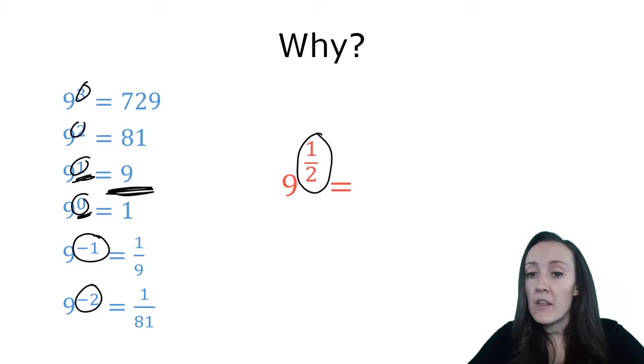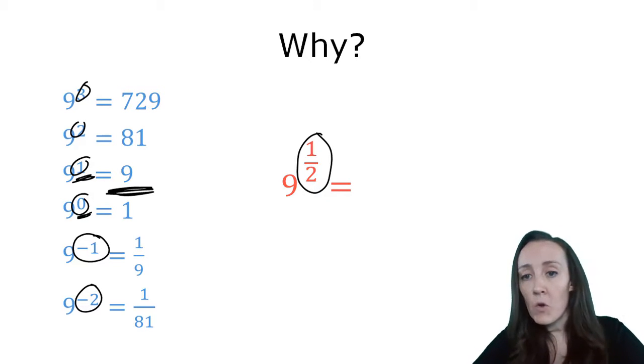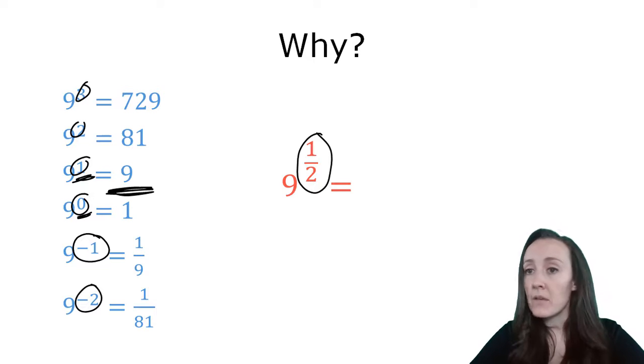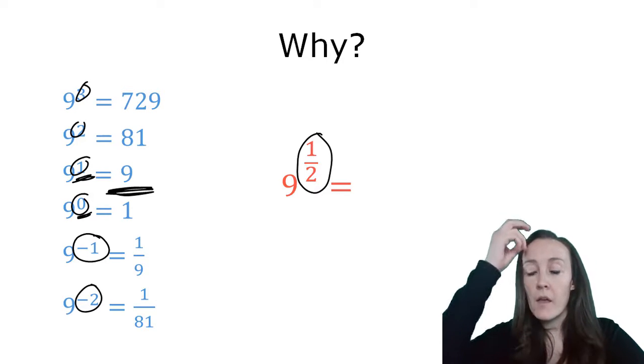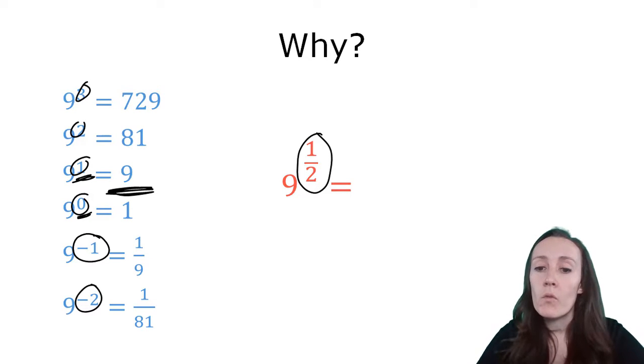Your first inclination might be that it's 4.5, because that's halfway between 1 and 9, which is a good thought, but it's not accurate, because 4.5 would be 9 times 1/2. But this is 9 to the 1/2 power, which means it's the square root of 9, which equals 3.